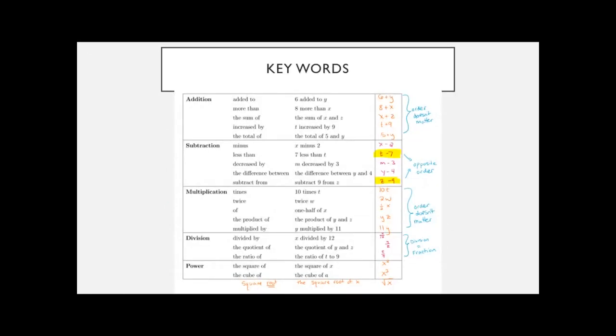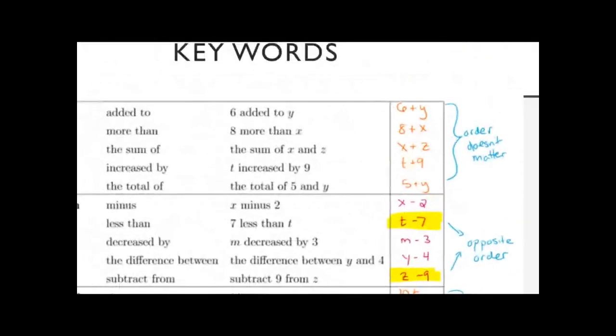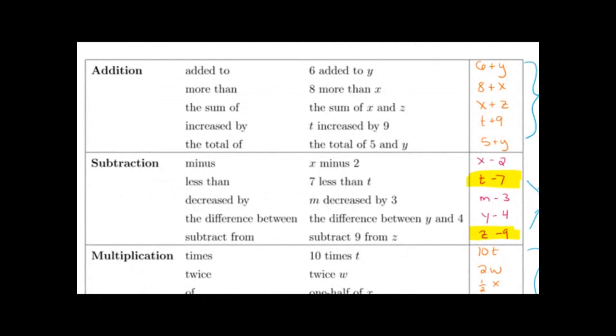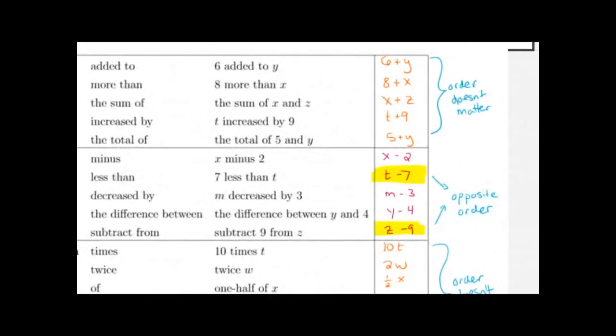So these are keywords that you're looking for. And I've indicated where the order matters, where it doesn't. This is basically a screenshot of that printout that I talked about that's in the supplemental materials. So words that mean addition: to, more than, some, increased, total. Words that mean subtraction, and there are two that you would have to put in an opposite order unless you follow the adding a negative thing.